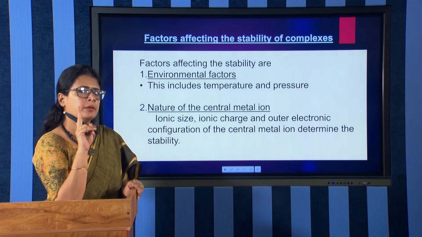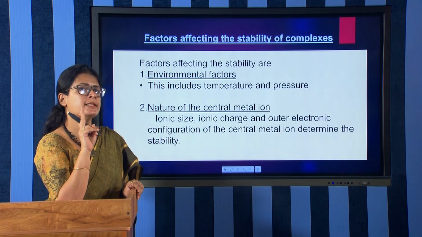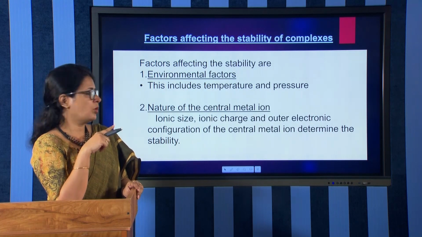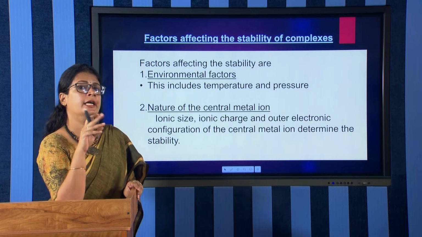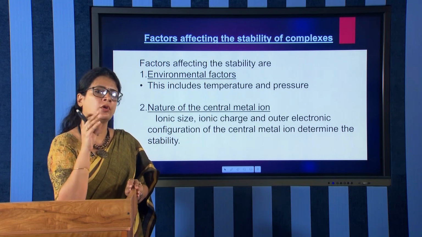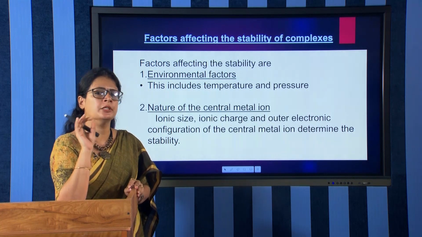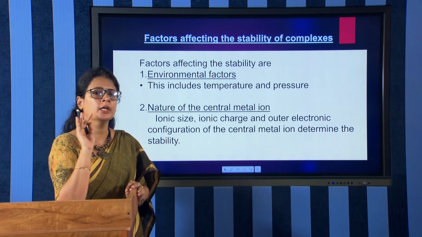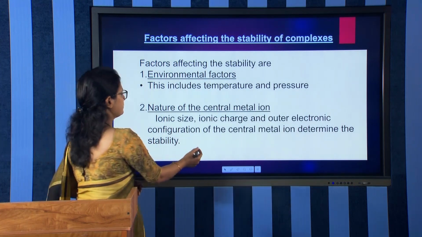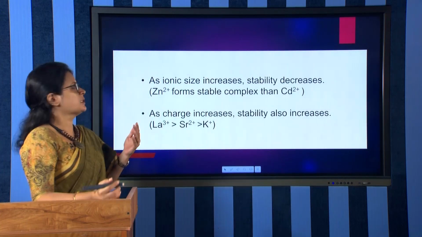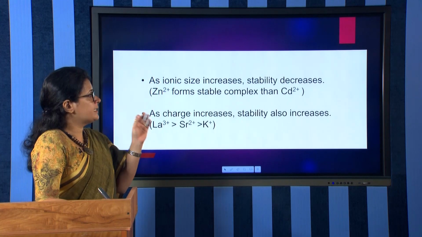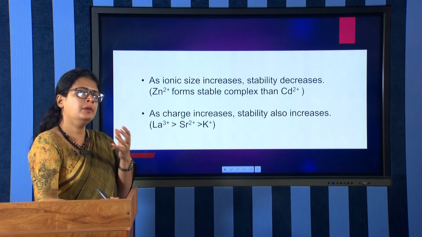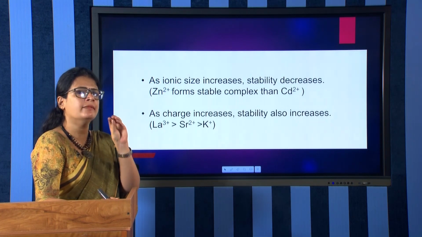In the nature of the central metal ion, the first is the ionic size, second is the ionic charge, and the outer electronic configuration of the central metal ion will also be a determining factor. As the ionic size increases, the stability decreases. So, for a stable complex, the ionic size should be very small.